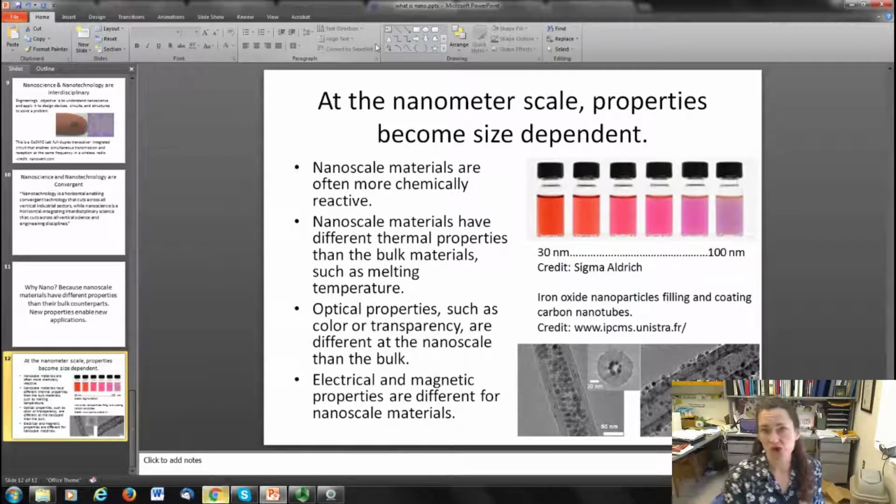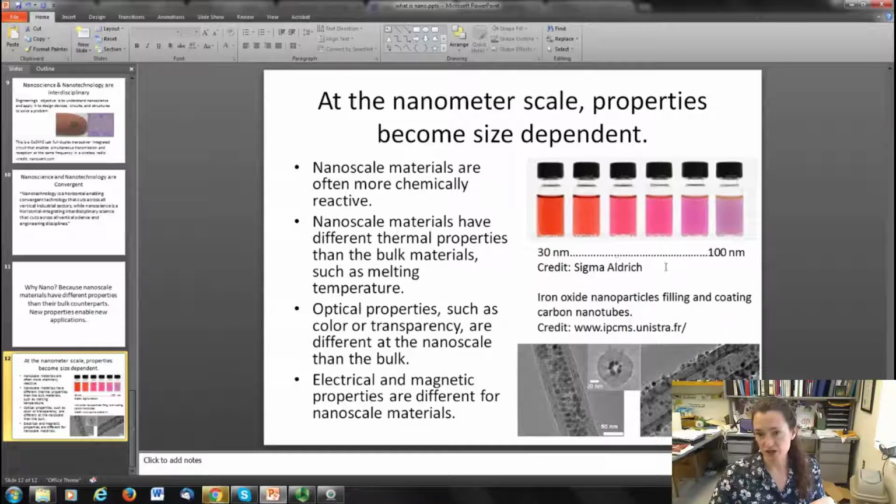As you shrink a particle down, the surface area to volume ratio goes way up, and that makes it a better catalyst, more chemically reactive. They also have different thermal properties than bulk materials, such as melting temperature. The melting temperature can drastically change as you change the size of the particle, even if you don't change the composition. It can also change the optical properties, such as color or transparency, which are going to be different at the nanoscale than in the bulk.